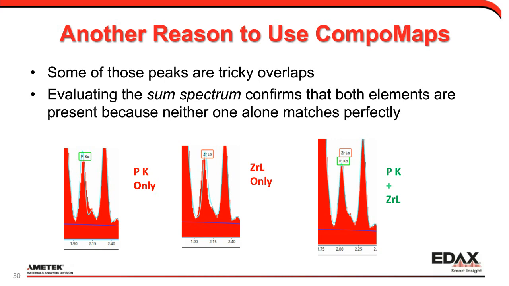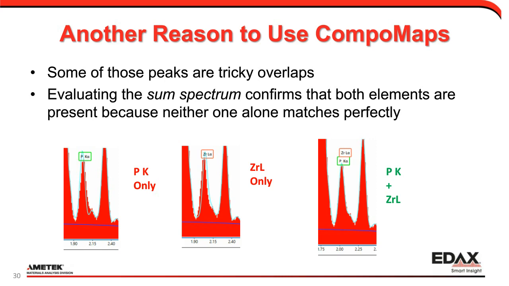And that deconvolution is dynamic in that it reads the actual detector resolution and it calculates what the peaks should look like. So phosphorus K alpha should have major and minor, alpha and beta peaks at this resolution and this KB, but that peak doesn't. So, okay, we know it's not just phosphorus, and then if we try to model it as zirconium only, then we say, okay, well that fits the high energy shoulder a little bit better, which makes sense that those zirconium L lines could have a nice sequential series of lines together.